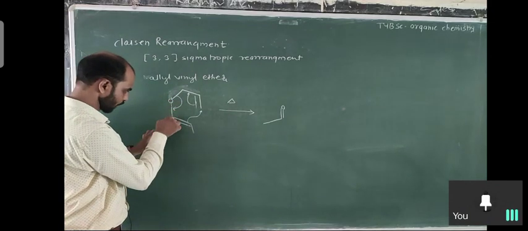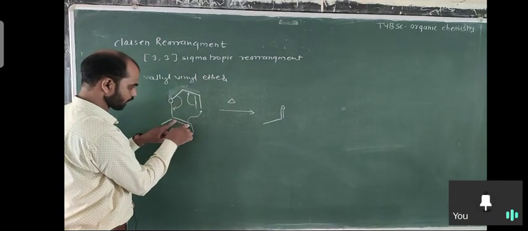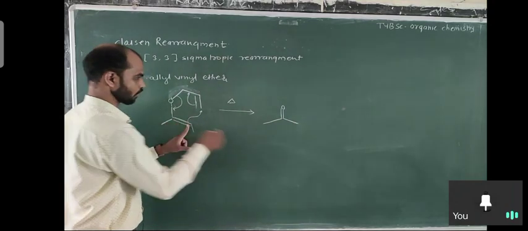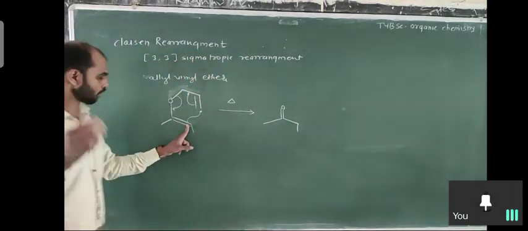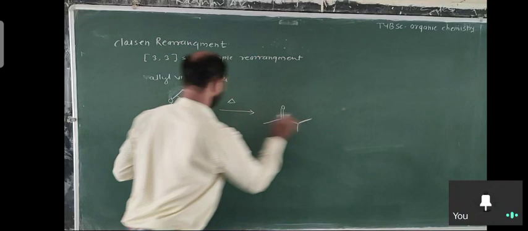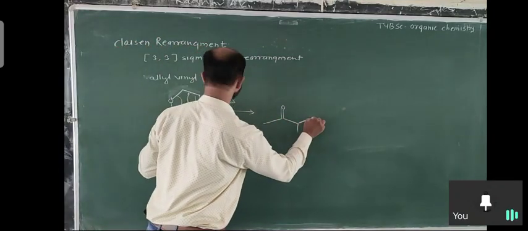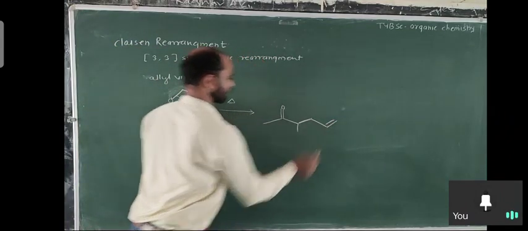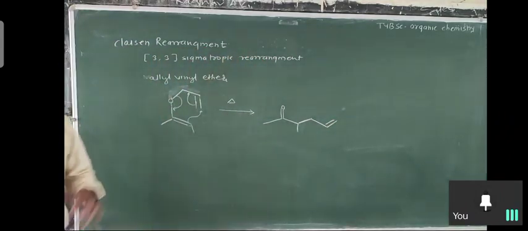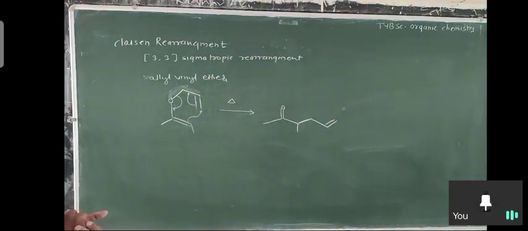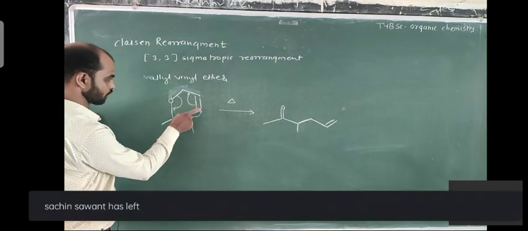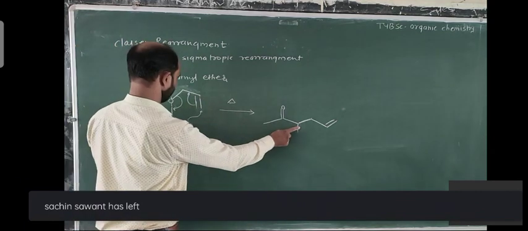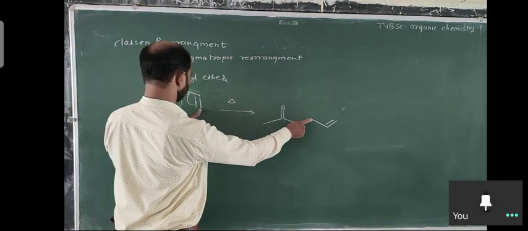Here is a formation of a carbanion and double bond. This one is a single bond. A substituent may be present or not. After that, formation of single bond; double bond converts into single bond, and again it will convert into double bond. So formation of ketone.